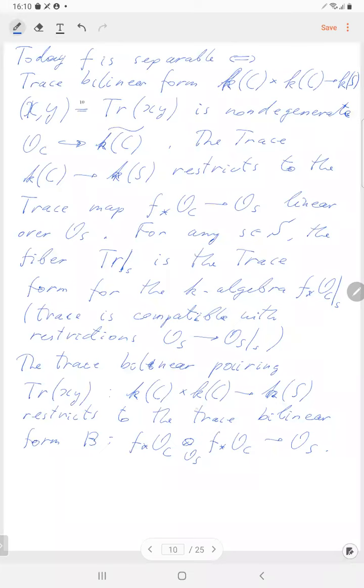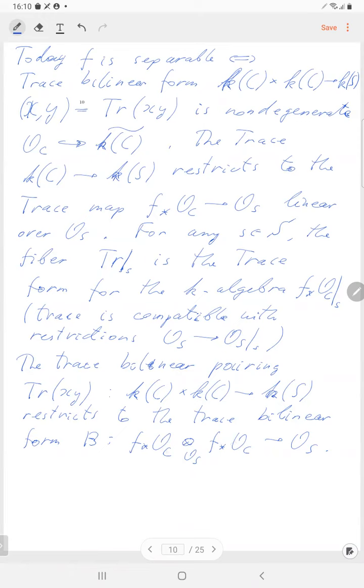On the other hand, this pairing for fields is obtained from this pairing on the level of rings just by localization. So you restrict to smaller and smaller open subsets, right?